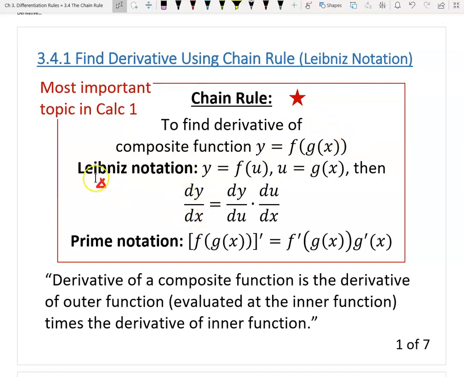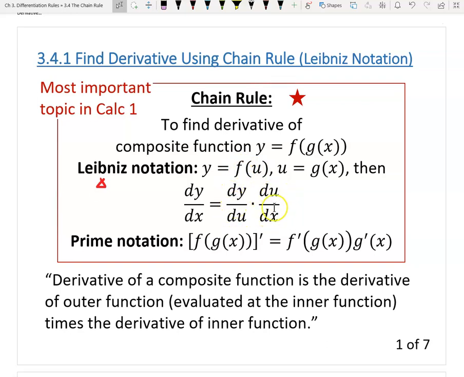It equals dy/du times du/dx. So the derivative of a composite function is the product of 2 derivatives. Let's see the detail. dy/du is the derivative of f, which means the derivative of the outer function.